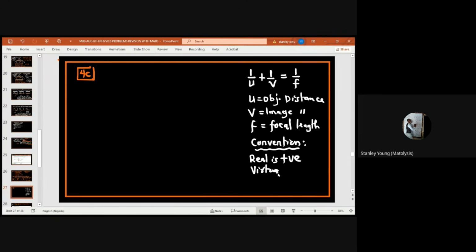Virtual is negative. Please take note of that. Once the information is about real image, positive U, positive V. If the object is virtual, if the image is virtual, we have what? V to the what? Negative. So V is positive for real. V is negative for virtual.